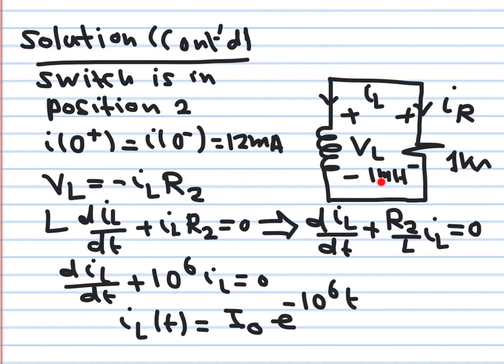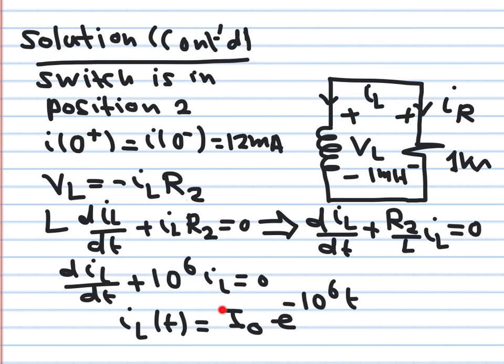So 1 kilohm over 1 millihenry will give you 10 to the power 6. Then I know that the inductor current will have the profile I naught e to the minus 10 to the power 6 t. It starts initially at 12 milliampere, and gradually, slowly, starts to die with time as it heats up the resistor. The energy is moved to the resistor and dissipated in the resistor.